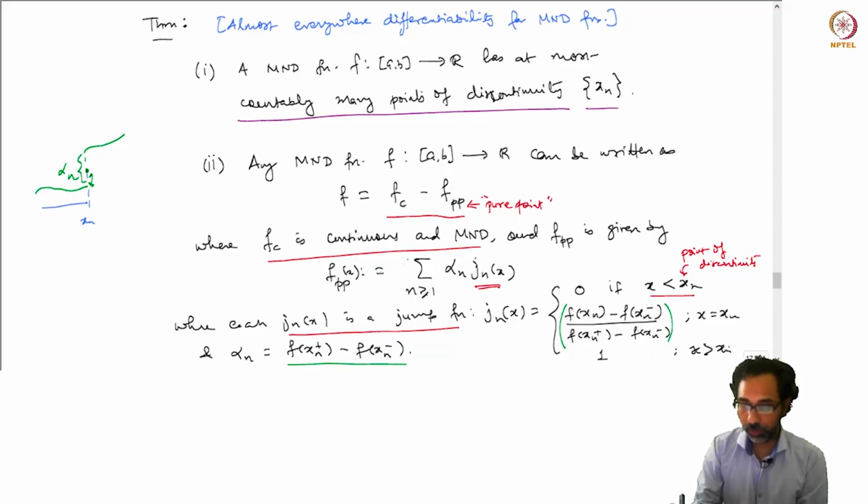In fact, this pure point function fpp is differentiable almost everywhere and its derivative vanishes almost everywhere, and since fc is continuous and monotonically non-decreasing, we have already proved it is differentiable almost everywhere, so then f is differentiable almost everywhere.